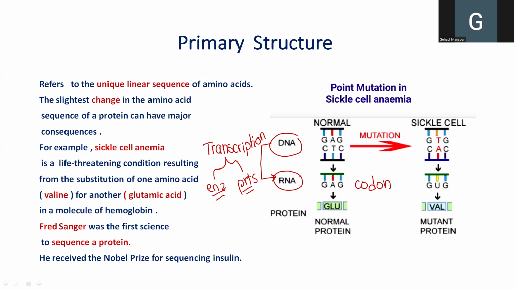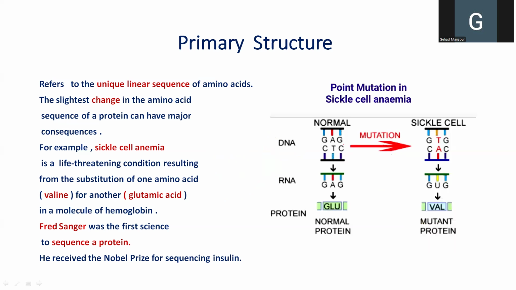This sequence of 3 nitrogenous bases on DNA we call a triplet code. In this example, we have used this triplet code on DNA to form the complementary codon on RNA.